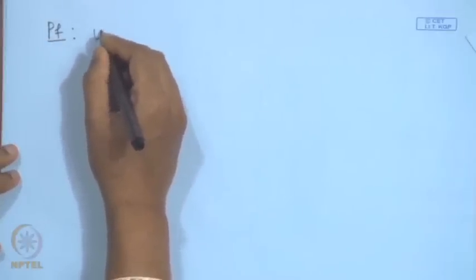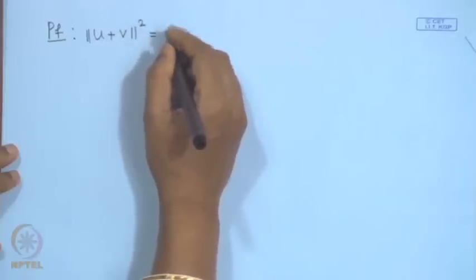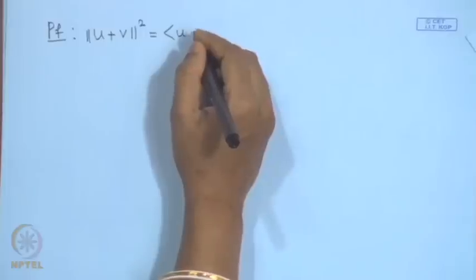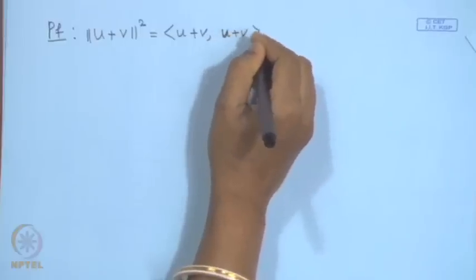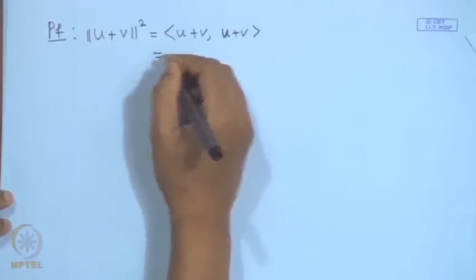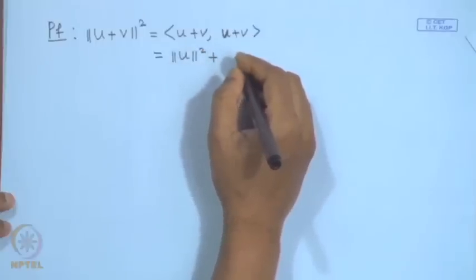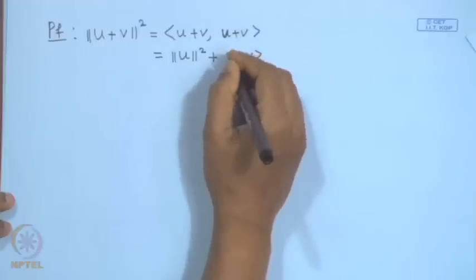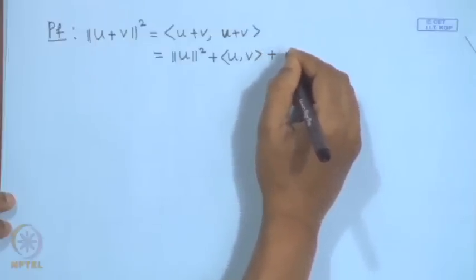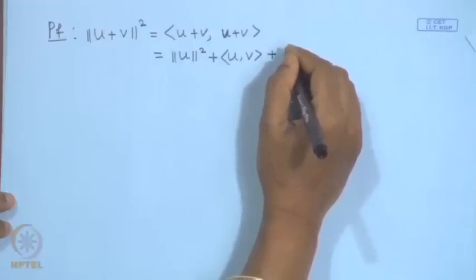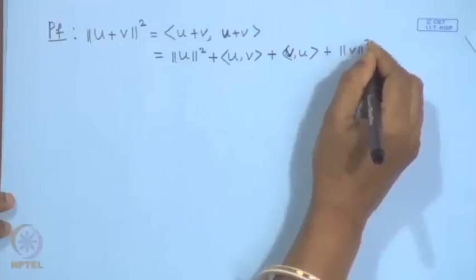We can find the square of norm of u plus v as the inner product of u plus v with itself, and on expanding we get norm of u square plus the inner product of u, v plus the inner product of v, u plus the square of norm of v.